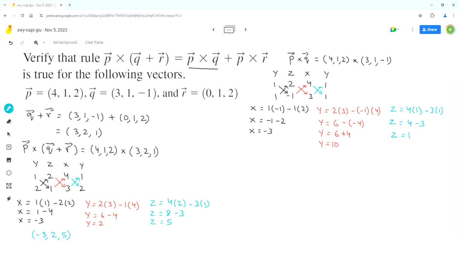So the cross product is the vector -3, 10, and 1. So next, we should find the cross product of vectors P and R.